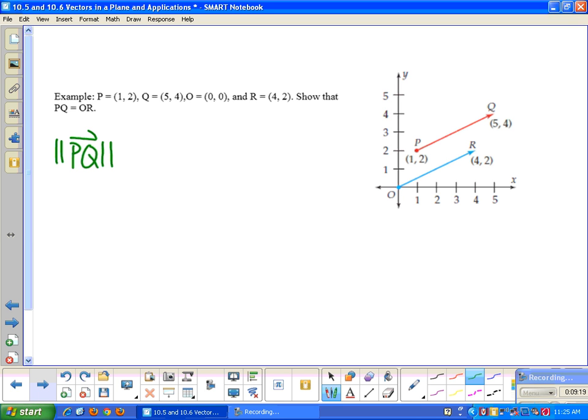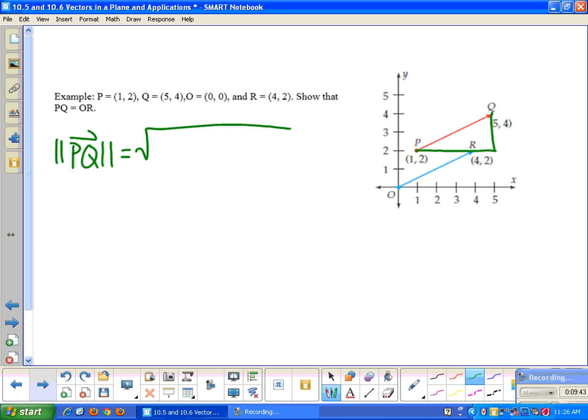So if I'm figuring out the length of PQ, I can do that by using the fact that we're trying to find this distance, the horizontal, and this distance right here. So I know that with the formula we used before, we can just subtract the x coordinates and square it, and then subtract the y coordinates and square it, and take the square root of all that.